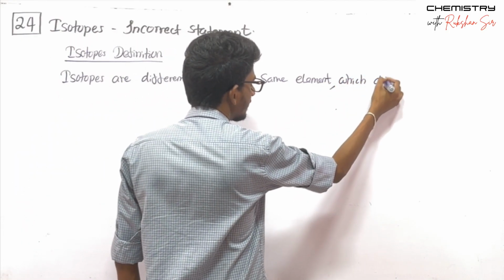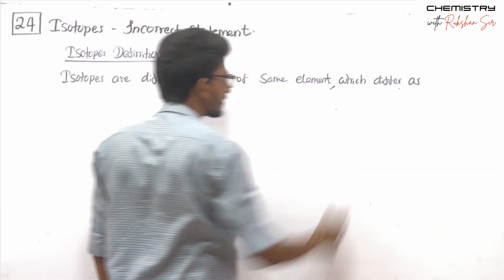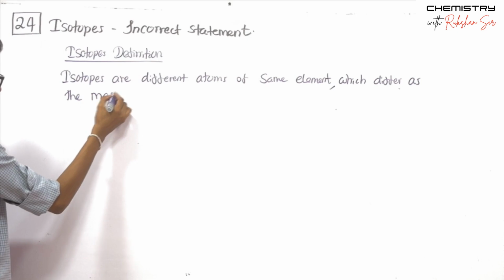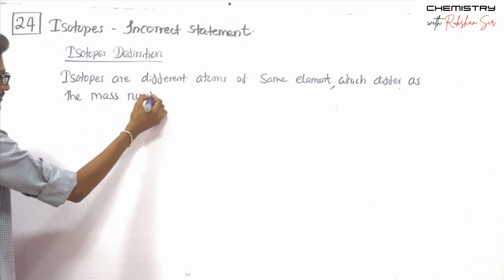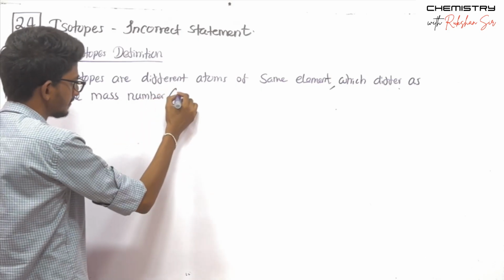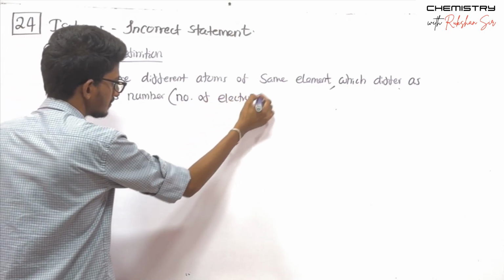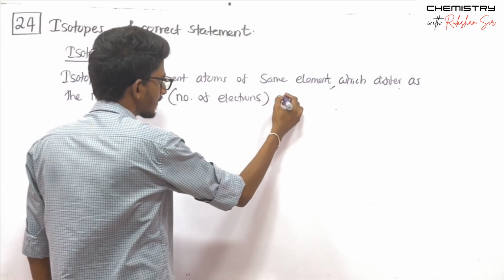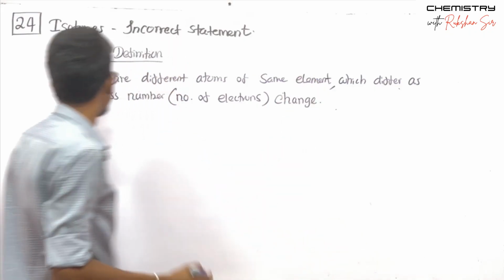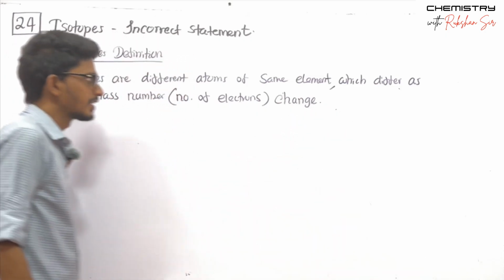Which differ in the mass number. Basically due to the change in the number of neutrons.